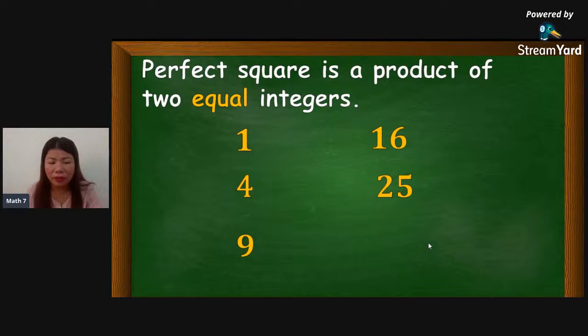We have 100. So, ulitin ko ha, ang mga perfect square numbers, ang example nito ay 1, 4, 9, 16, 25, 36, 49, 64, 81, at 100. 121, 169, 196, 225, and so on. Perfect square numbers are the product of two equal integers.